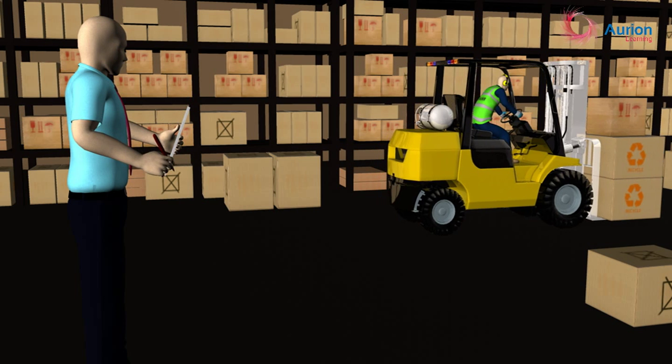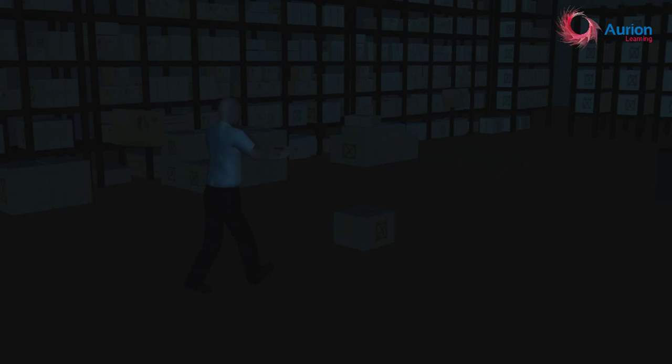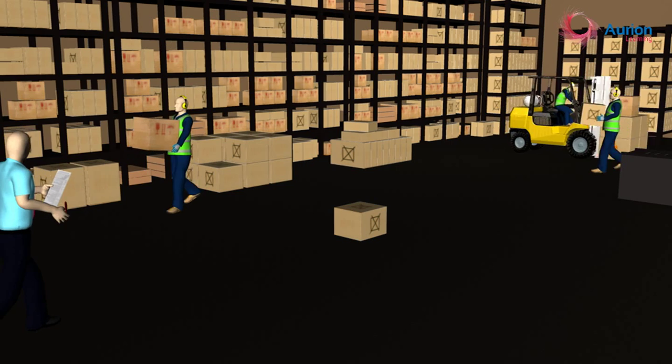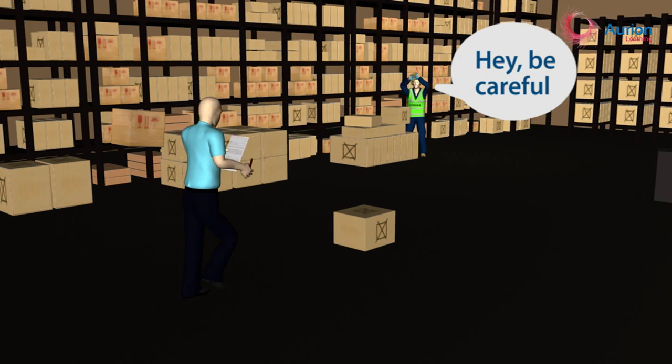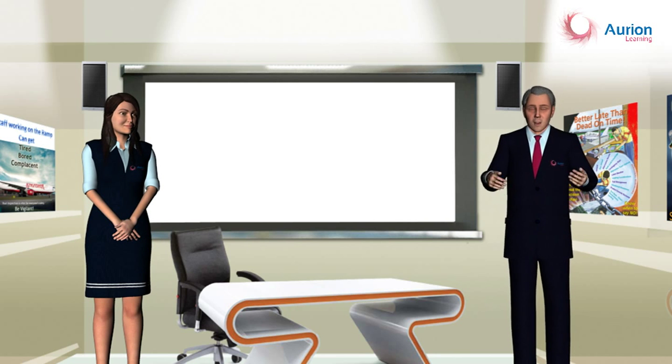Now, let us see what happens when we take away one of his senses, that is, vision. As you just saw, interfering with a person's vision or hearing can create problems in performance.